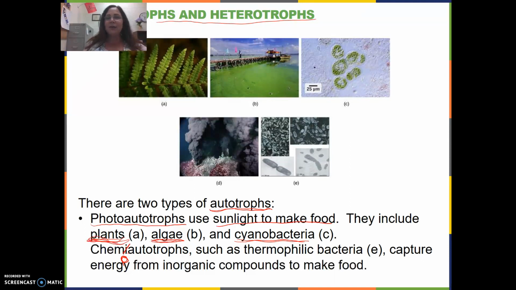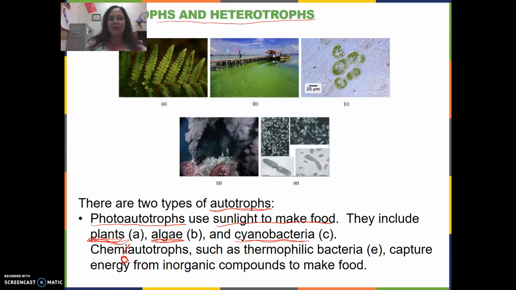Chemoautotrophs, such as thermophilic bacteria, live, for example, in Yellowstone National Park and the hot springs. They'll live at the openings of underwater volcanoes. Thermophilic means heat loving. So these use other forms of chemical energy.